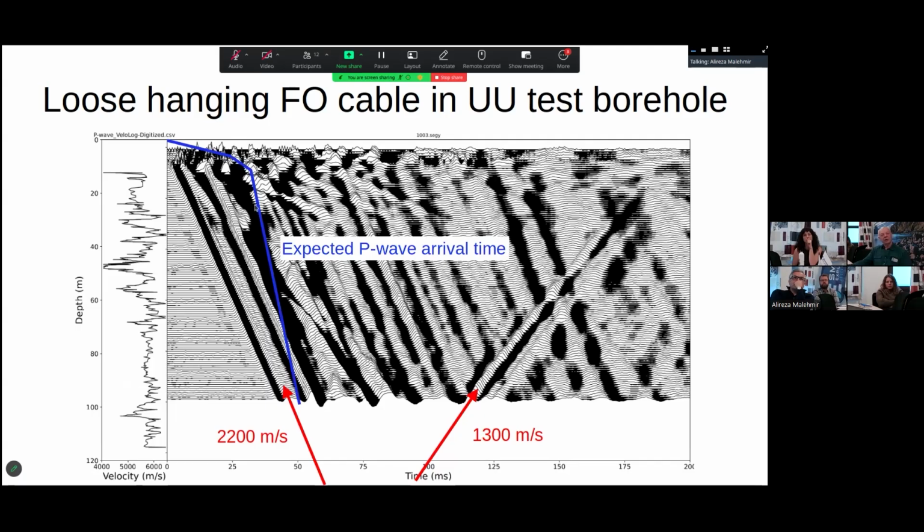Before I do that, this is the expected arrival time for the P wave. So we're completely being masked by the cable wave, and even with filtering out this direct arrival, we don't see the P wave arrival. As you saw in the geophone data, even there it's quite weak.